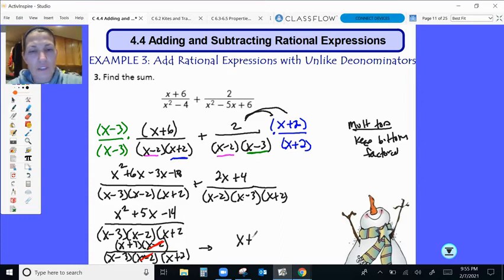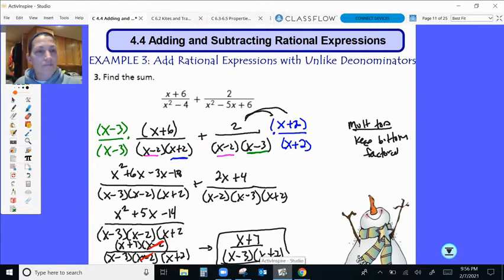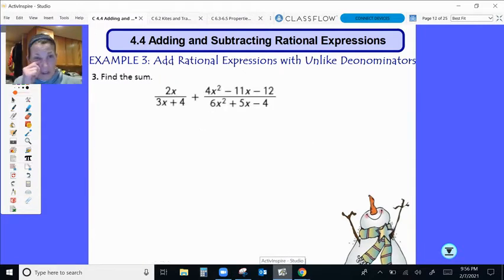That's going to leave us with an x plus 7 over x minus 3 times x plus 2, and there you go.